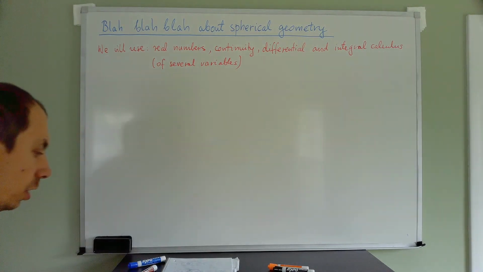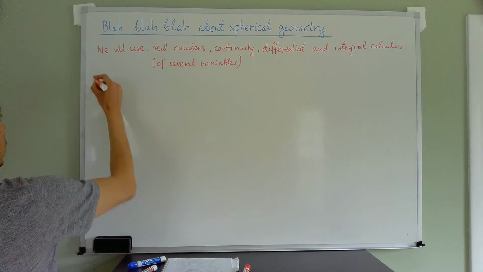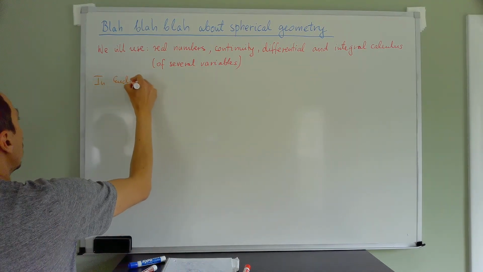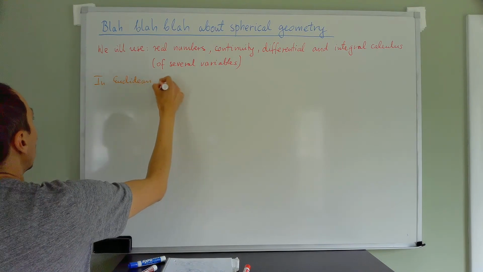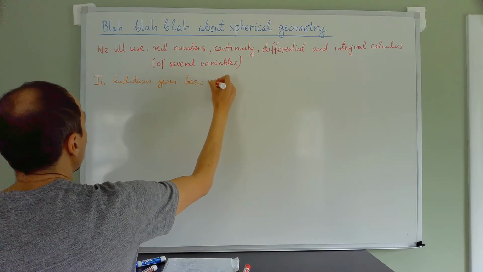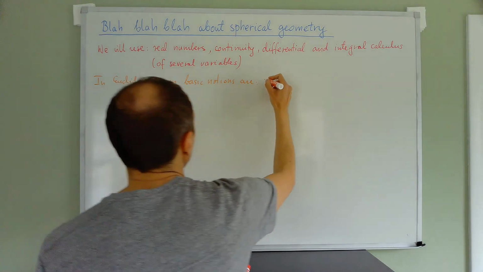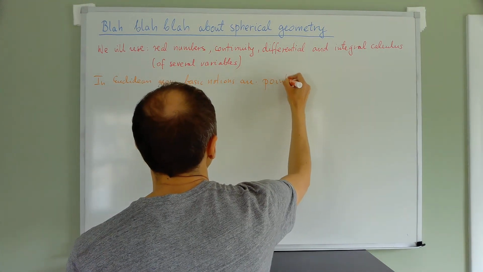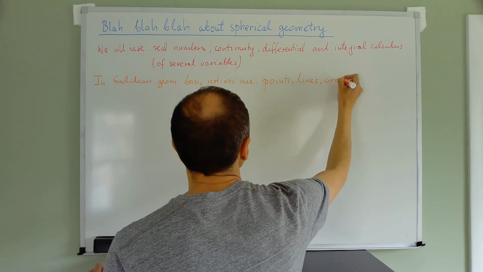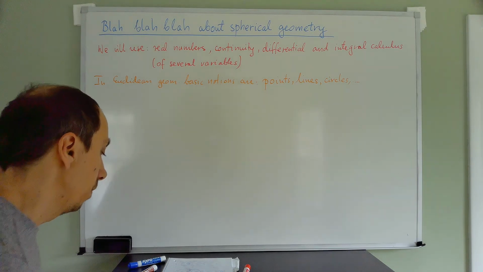If you recall, the basic notions in Euclidean geometry are points, lines, circles, and so on.